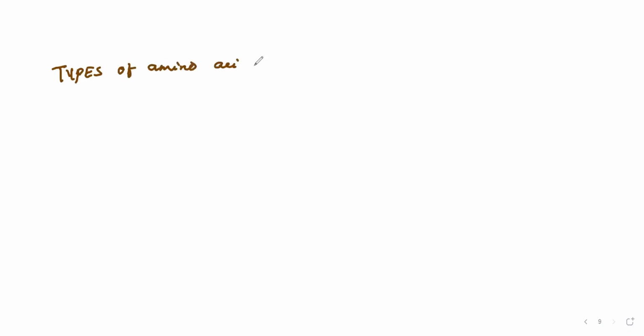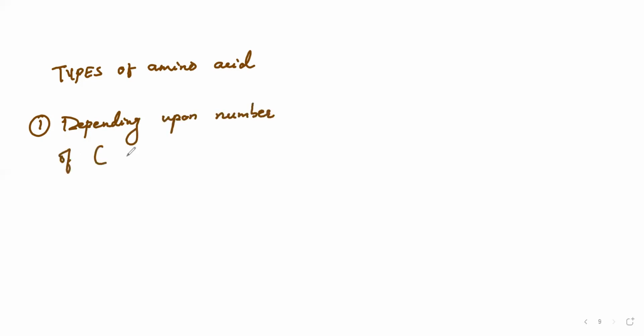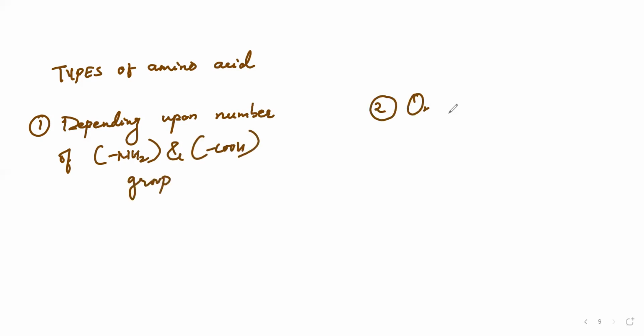Okay, so the amino acid has been classified depending upon two things. One is depending upon the number of amino and carboxyl group, and second one is on the basis of synthesis.